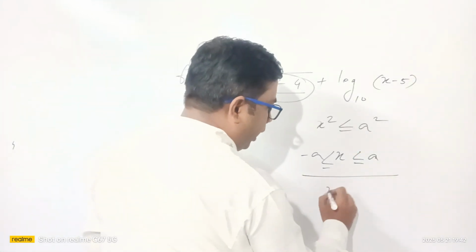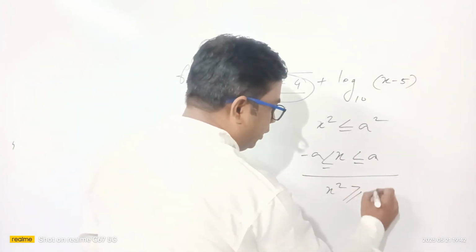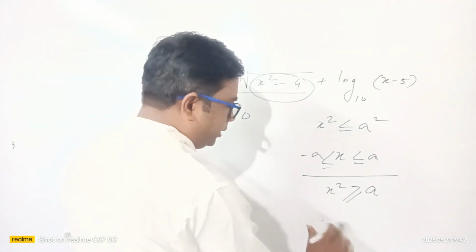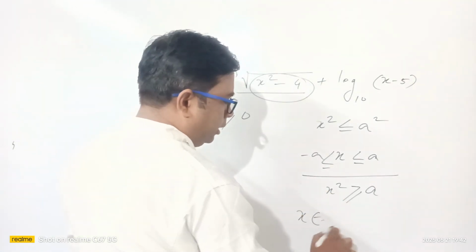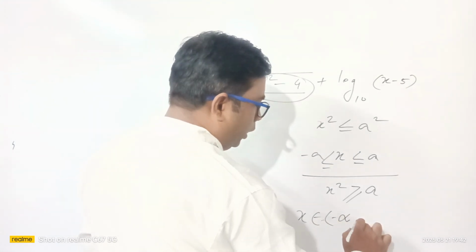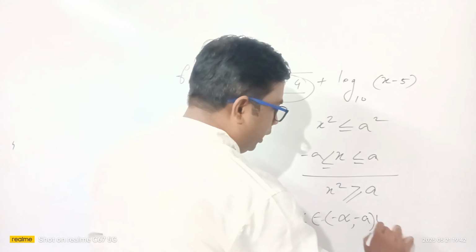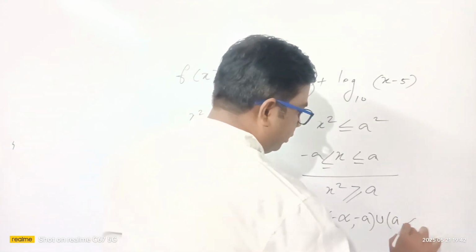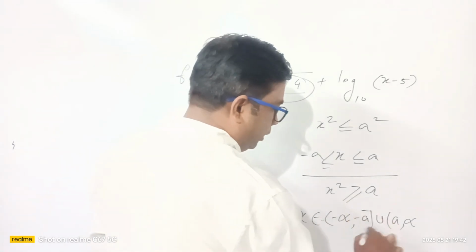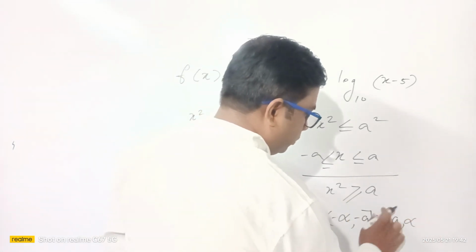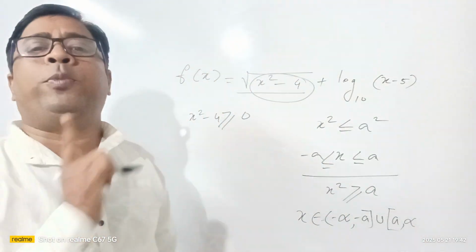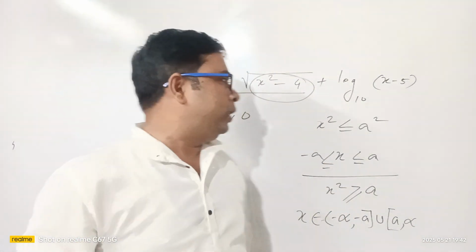And if x square is greater than or equal to a square, then this x always belongs to minus infinity to minus a union a to infinity. We have to put the closed bracket because there is an equal to sign. So these are the two formulas. You have to remember them whenever you solve this type of question.